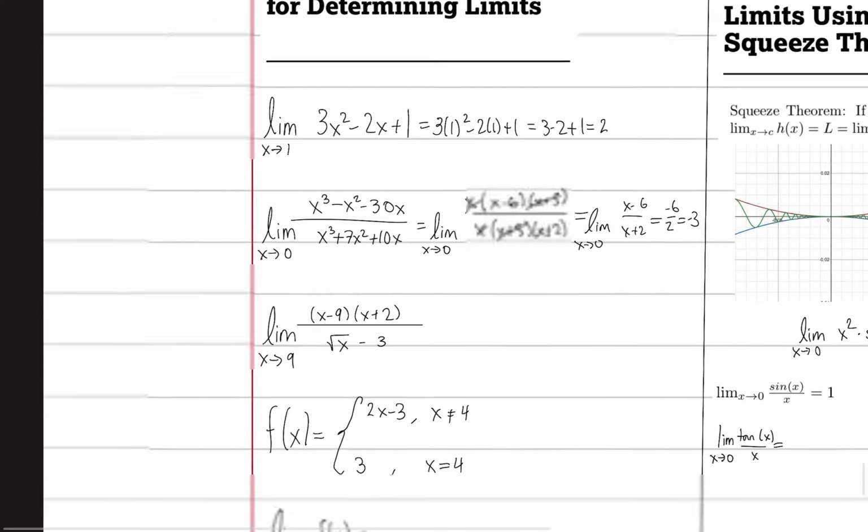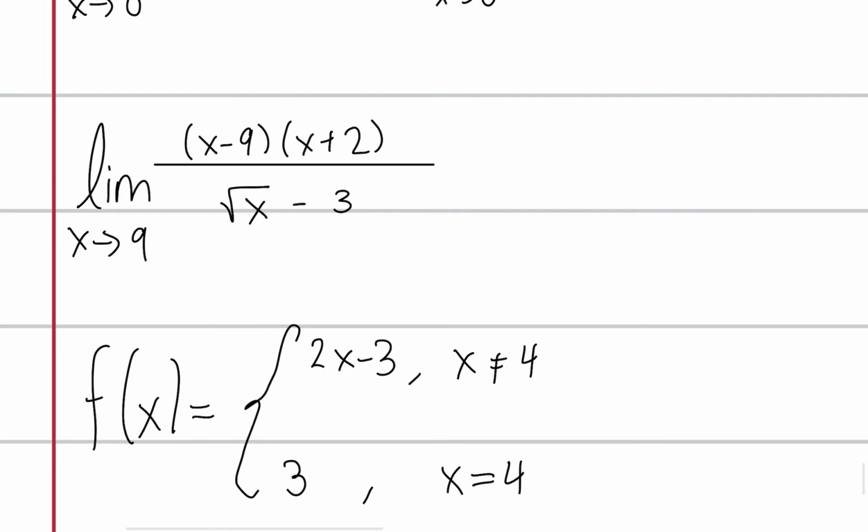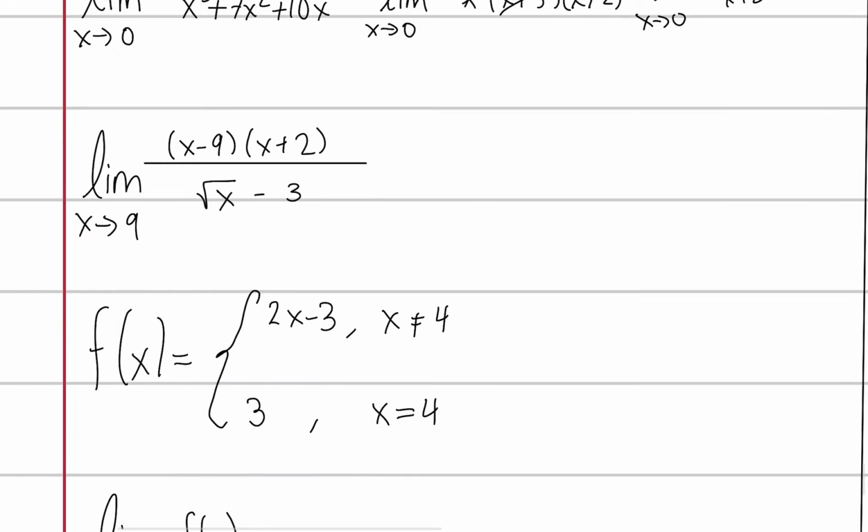Here we have a radical in the denominator, and our first idea is going to be to plug it in, but if we plug it in, this becomes 0, this becomes 0, and we have a problem. So we have a 0 over 0, we can't do that. So we're going to first multiply by the conjugate of the denominator.